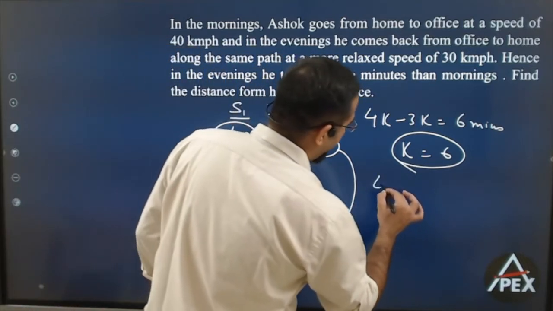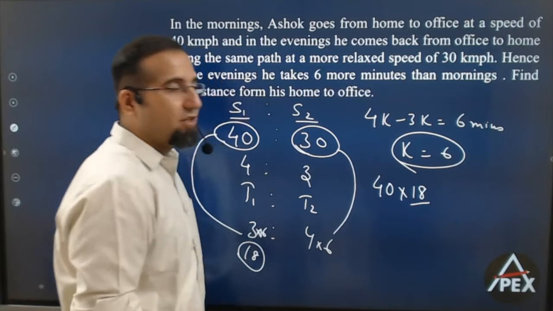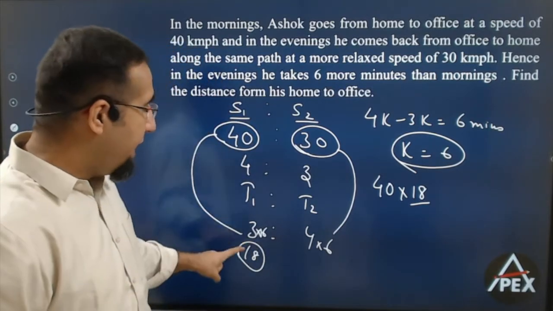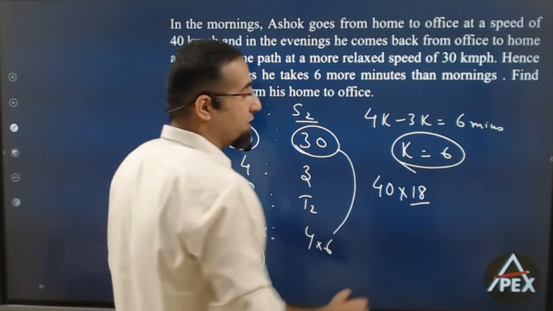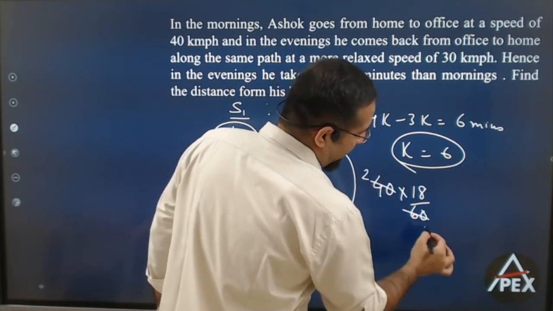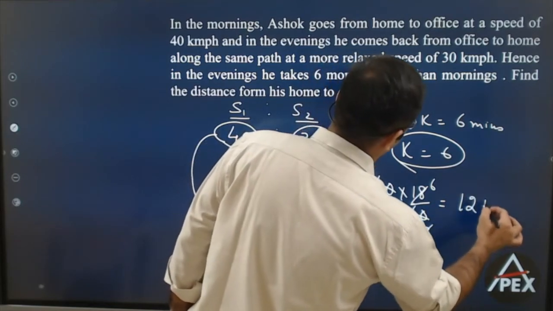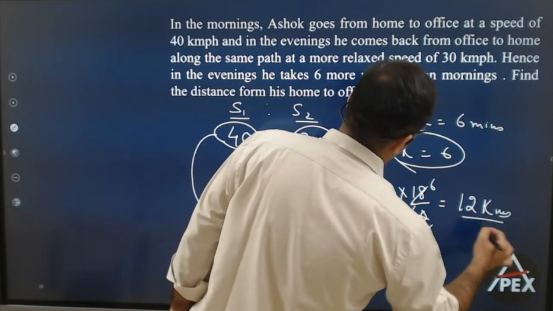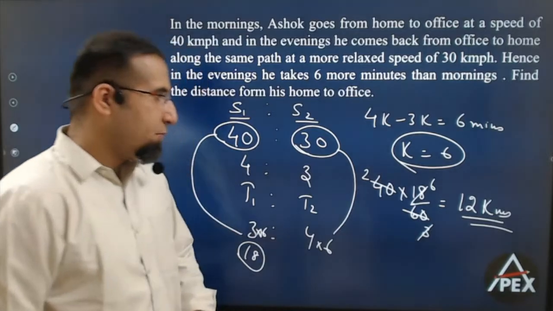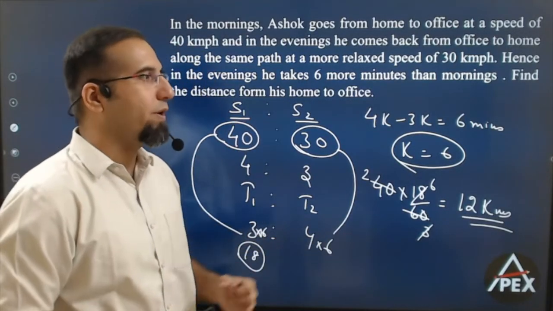Either I go with 40 into 18. 40 is in kilometers per hour, 18 is in minutes, so this is divided by 60, which means the distance covered should be 12 kilometers. Clear? So units play a very important role in this kind of question.